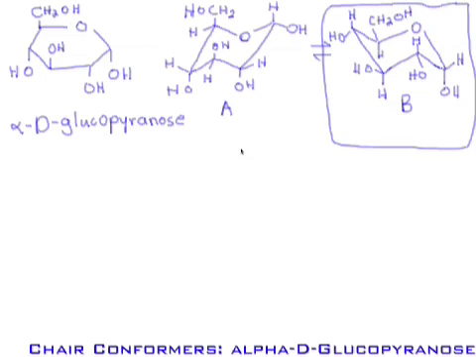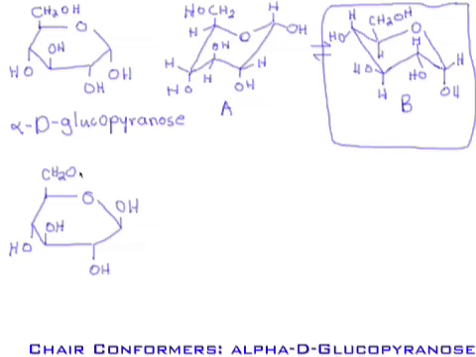Now let's repeat this process, if we can, but this time draw the two chair conformers for beta-D-glucopyranose. Well, you'll notice I will get the exact same ring structures.